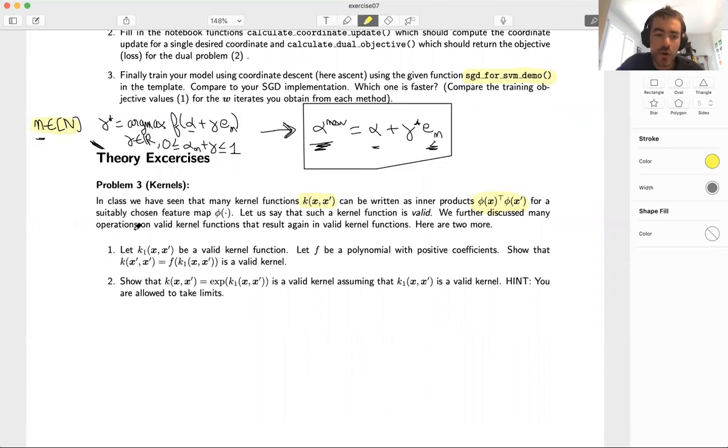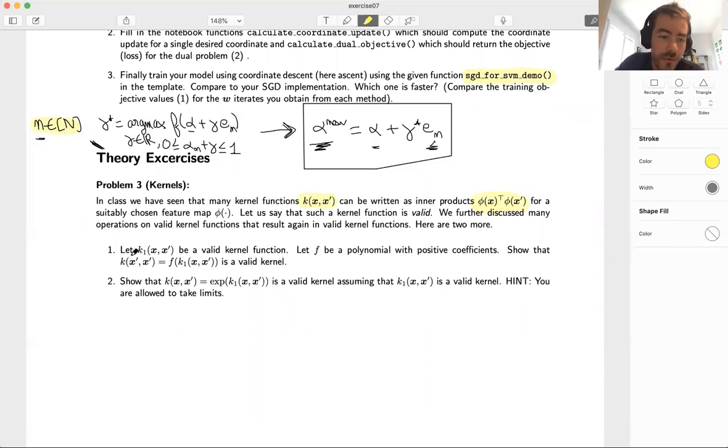However, we're going to show here in these two questions that there are some operations which preserve the validity of kernels. So in class, I think you've seen that the sum of two valid kernels is a valid kernel. And if you multiply a valid kernel by a positive scalar, then it's still a valid kernel.